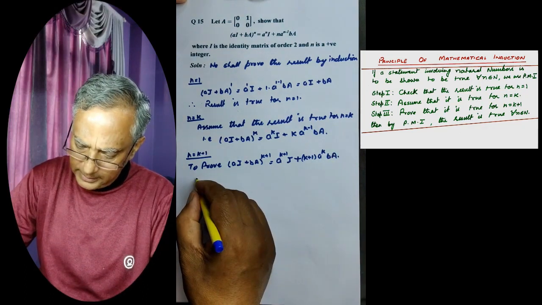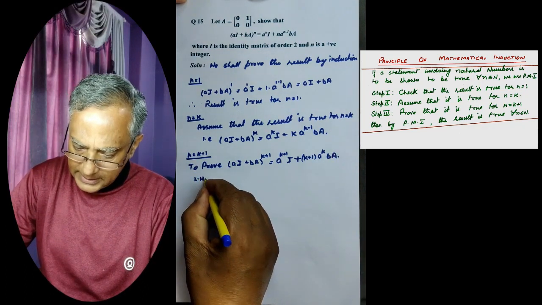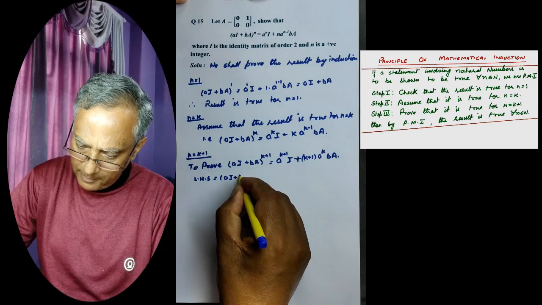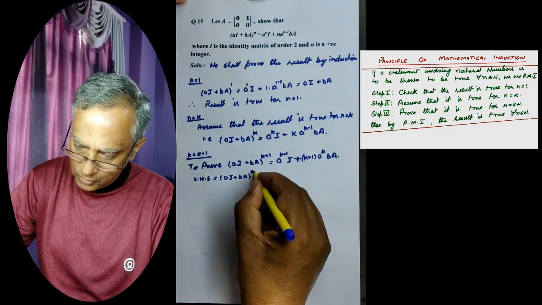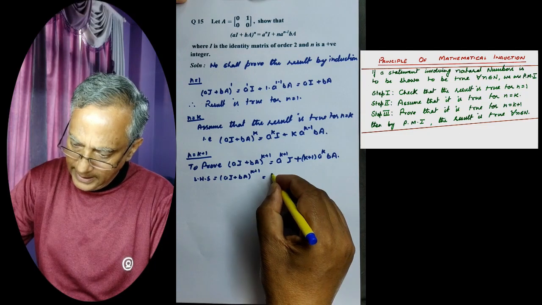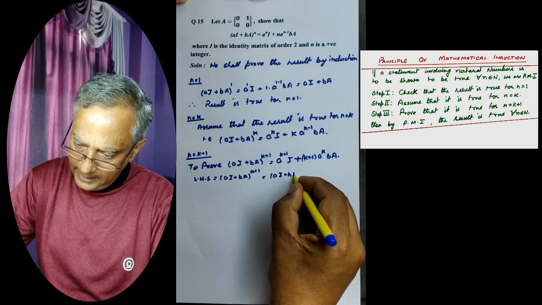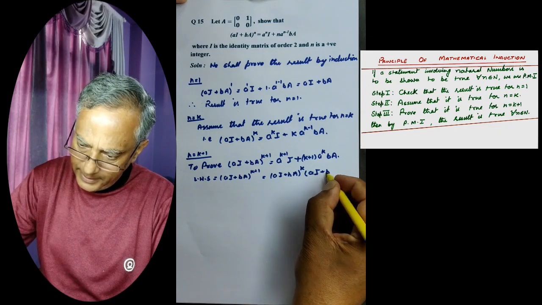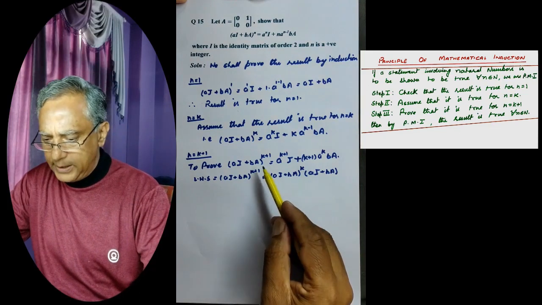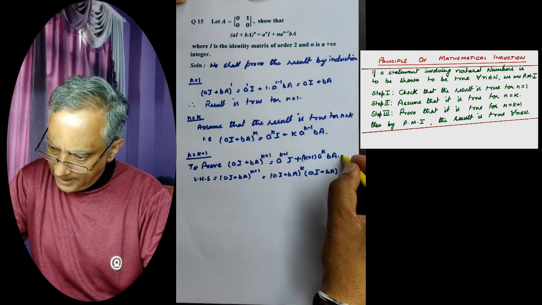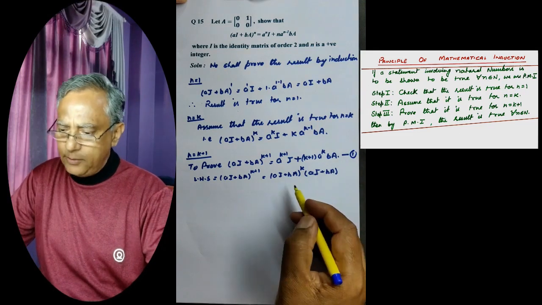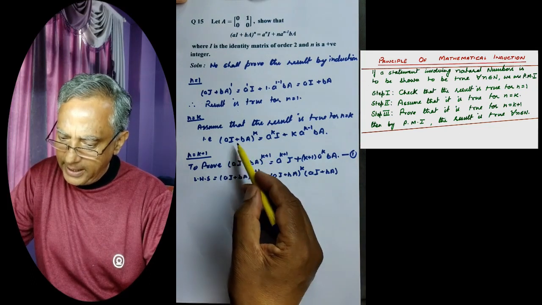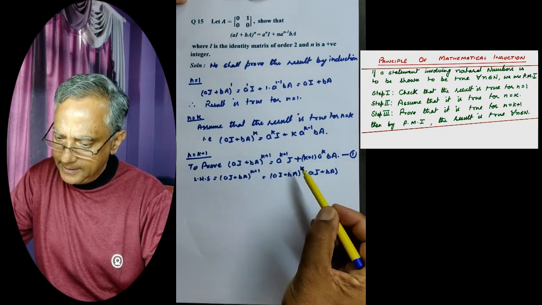We start with the left hand side. LHS can be written as (aI + bA)^(k+1) is equal to (aI + bA)^k into (aI + bA). And in proving the third step, what we generally do is use the assumption. Now here, by assumption, (aI + bA)^k is this much.